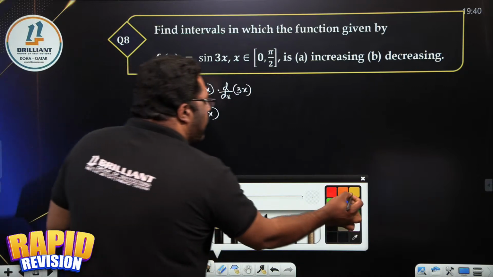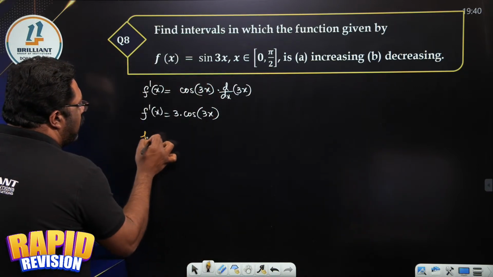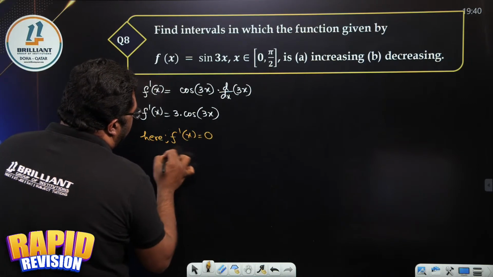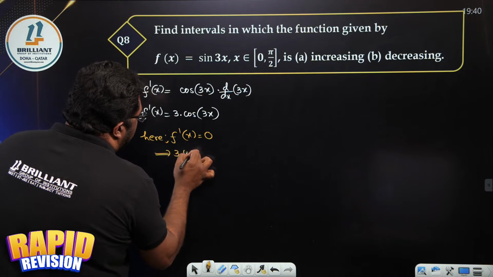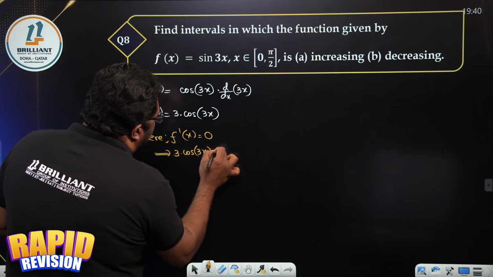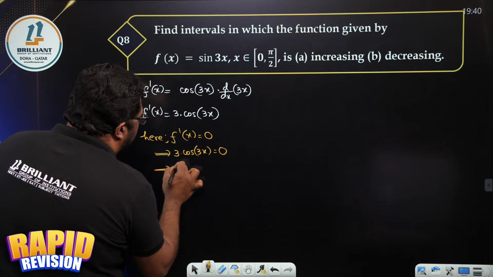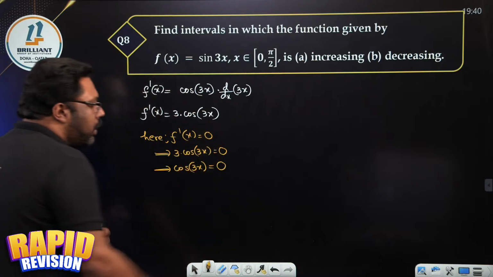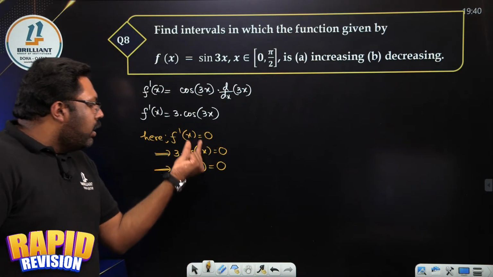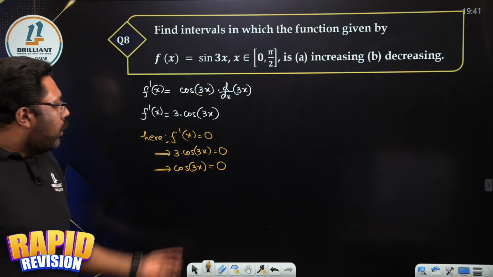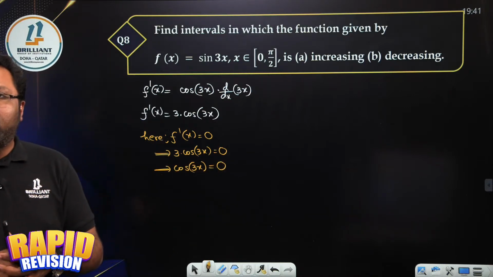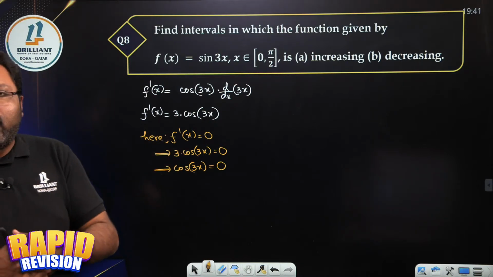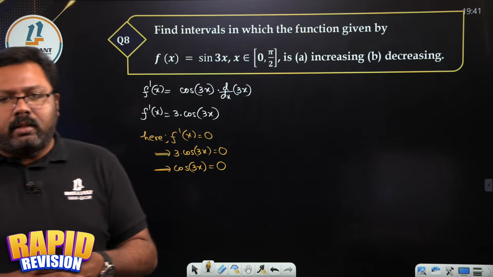Now I'm trying to find the critical points. Here, f dash of x equal to 0 implies 3 cos 3x equal to 0 implies cos 3x equal to 0. I have to find the values of x which make cos 3x 0. Normally cos x becomes 0 at 90.